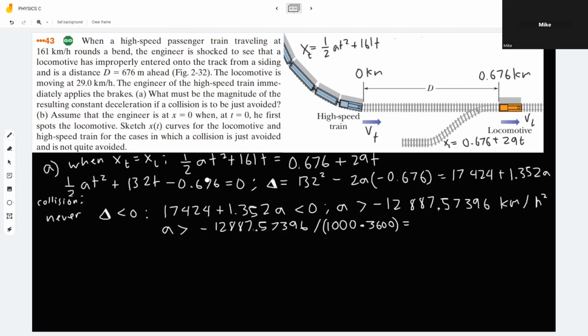Okay, so 1 hour, so 1,000 multiplied by 3,600 squared. What is that? Wait. What? This is impossible.